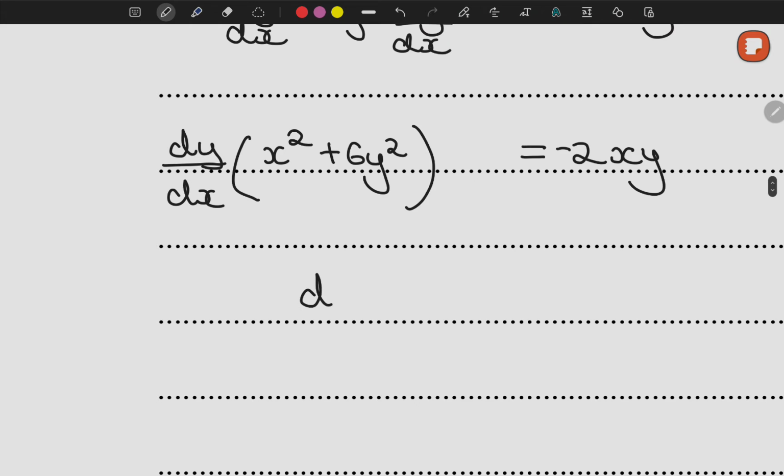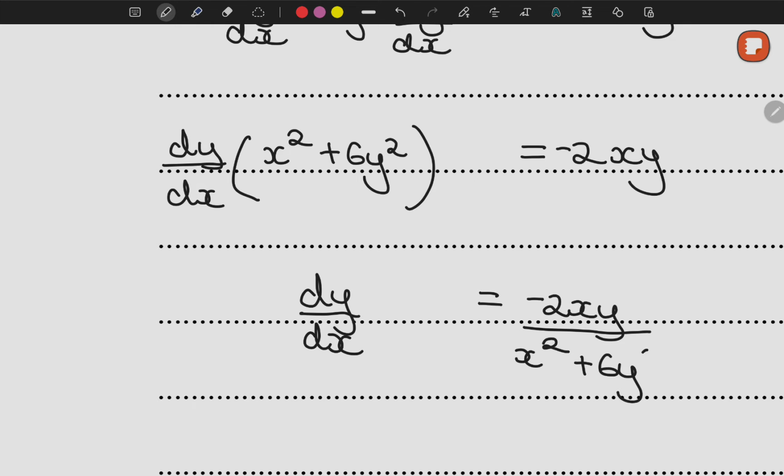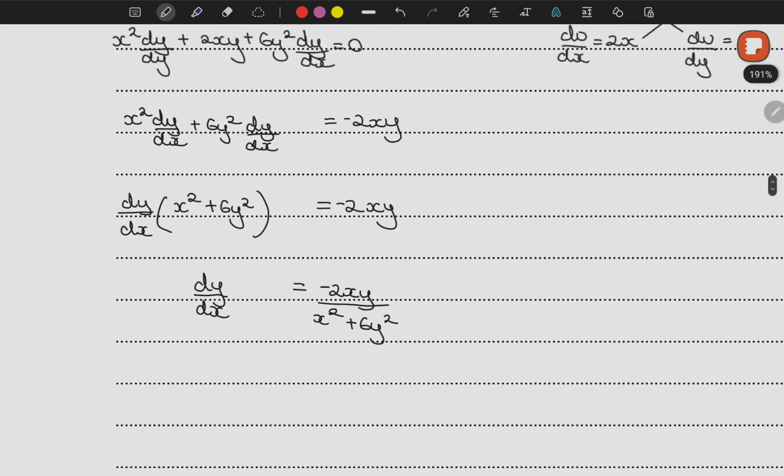Then divide by x squared plus 6y squared, tongue twister, so dy dx is equal to negative 2xy over x squared plus 6y squared. Boom.